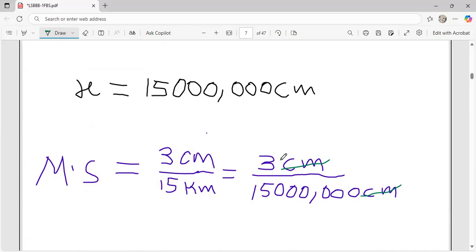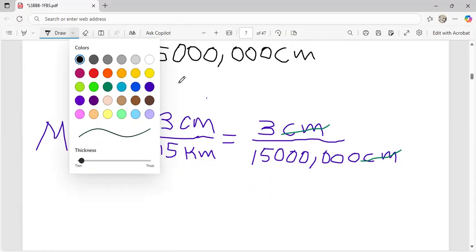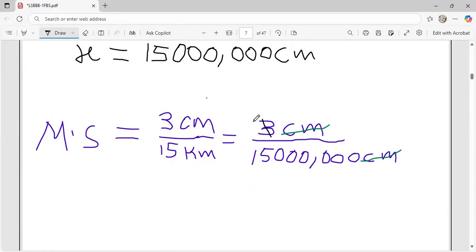So the 3 can go into the denominator. And at the end of the day, let's have a look at something. 3 will go into itself one time and go over here how many times?